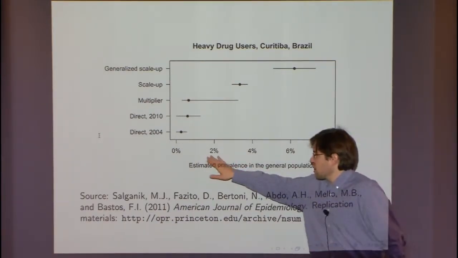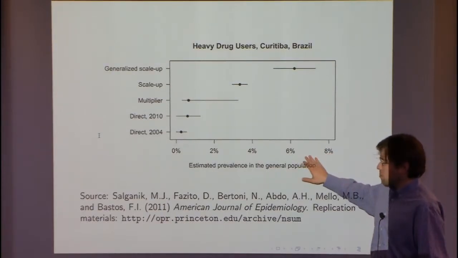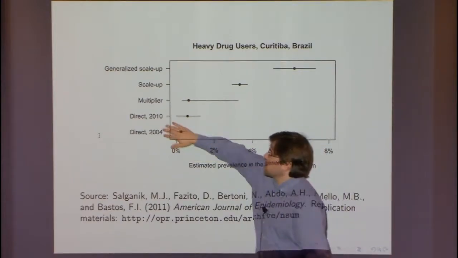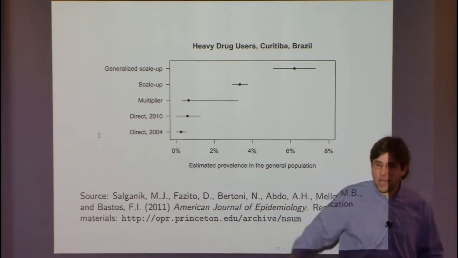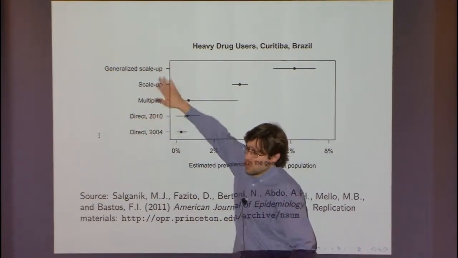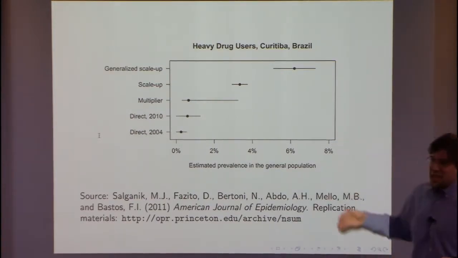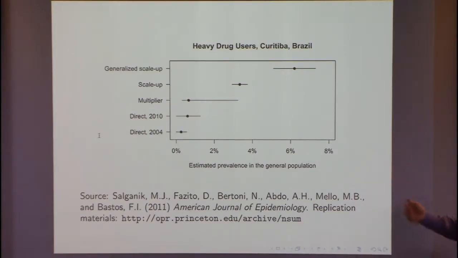Here, the x-axis is the estimated proportion of the population that is a heavy drug user, and these are 5 different estimation methods. For now, we can forget about what these mean. Basically, we produced 5 different estimates that differ by a factor of 10. The natural question that the people in Brazil ask is, okay, great, which of these is right? And the honest answer is we don't know. All we know is that they are different.